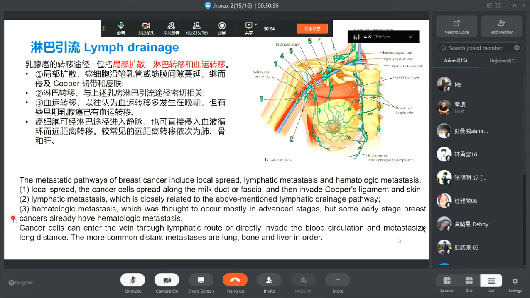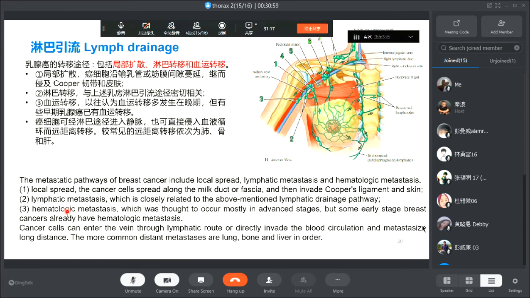And the third way is hematogenous metastasis. The breast cancer can also spread through the blood, through the vein and through the artery.